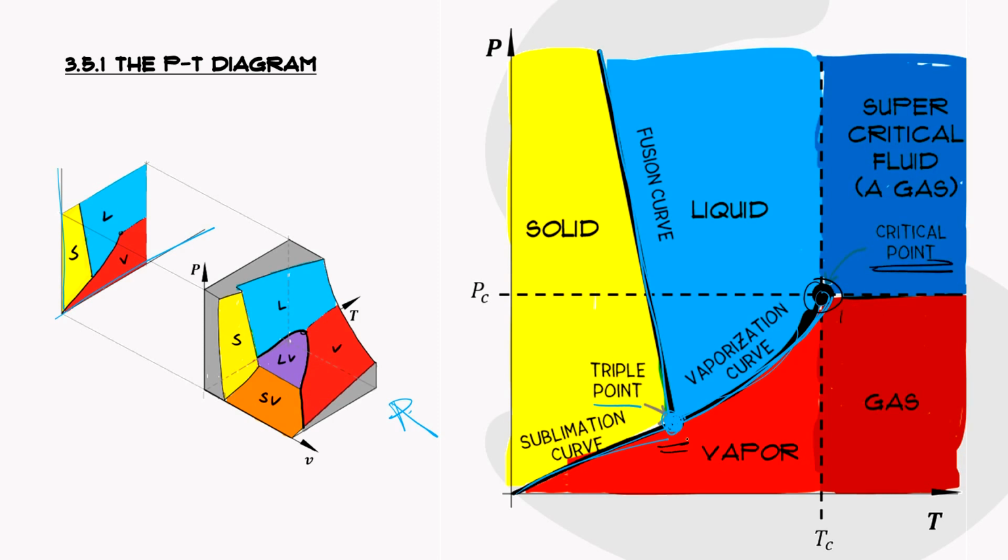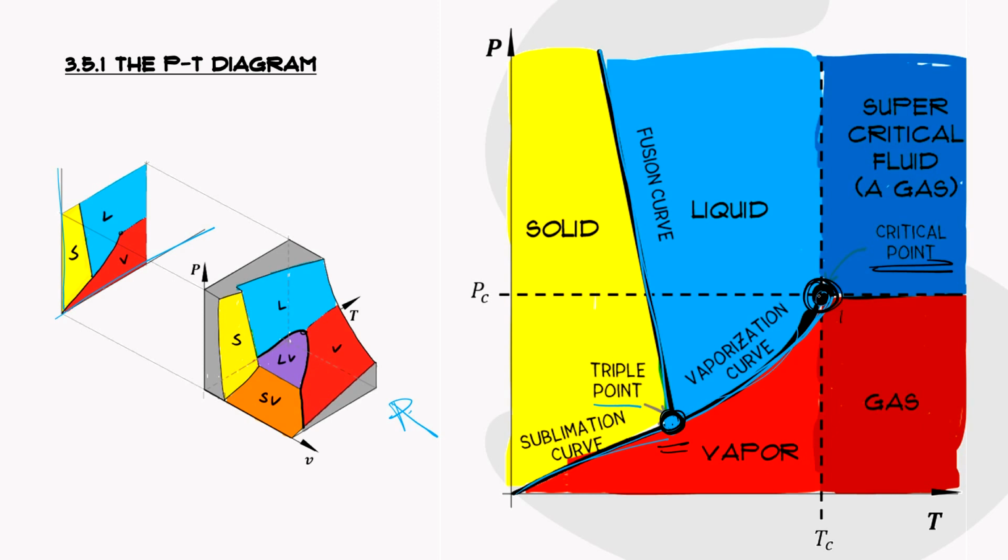Take note that these are points from which we can get some information. For the triple point, that is the condition wherein the solid, liquid, and vapor can coexist simultaneously. And then right here we have the critical point. It's termed critical because beyond this critical point, there's no distinction between the liquid and the vapor.